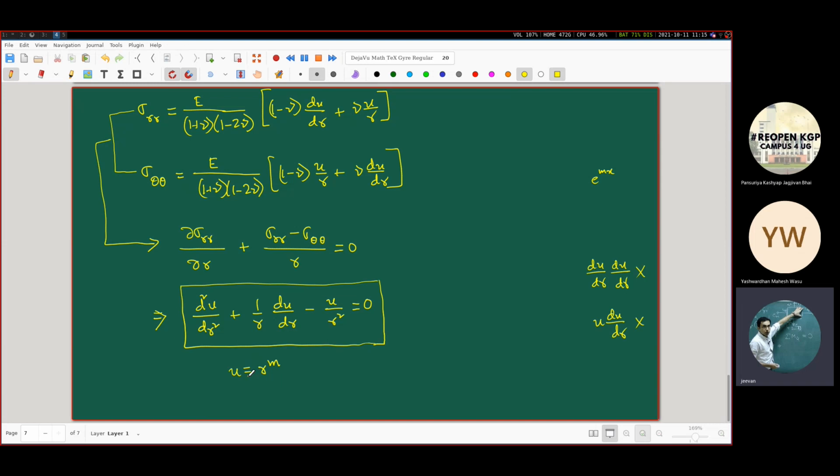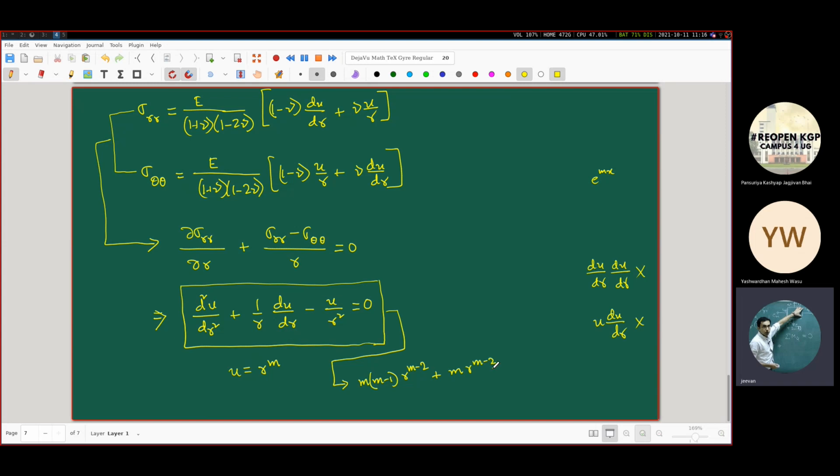Okay. So what happens if we substitute u is equal to r to the power m here? Well, what you obtain is this: m times (m minus 1) r to the power m minus 2, plus m times r to the power m minus 2, because here there is only one derivative, so one m comes from there.